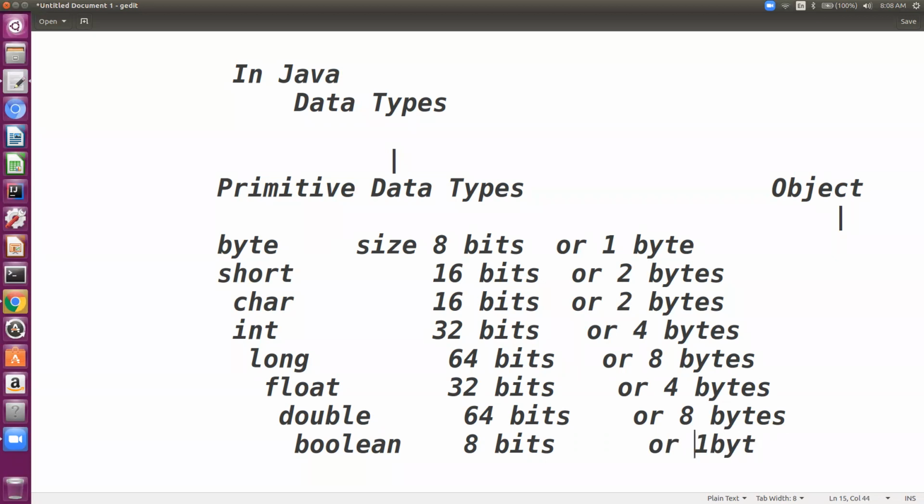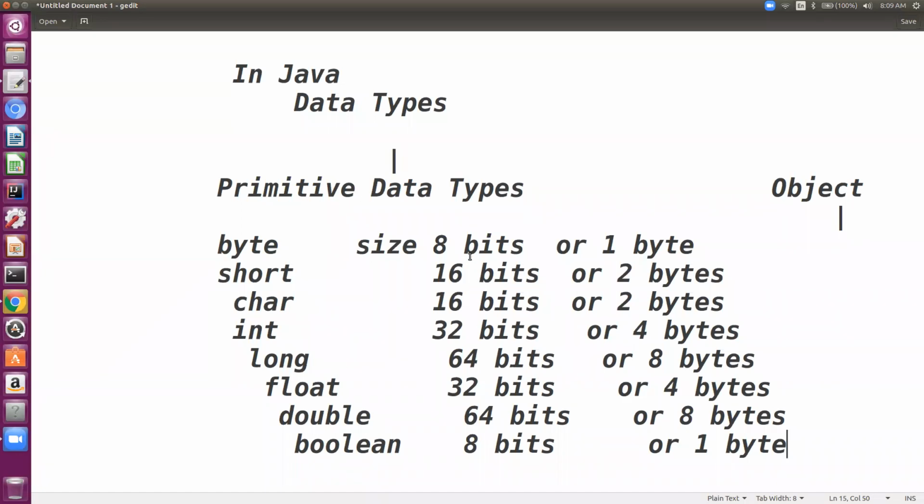Okay. So that means depending on the size, it has the given range of numbers which it can hold. And if you remember, how do you get the size? 8 bits, 1 into 2 raised to 7 plus 1 into 2 raised to 6 and so on.